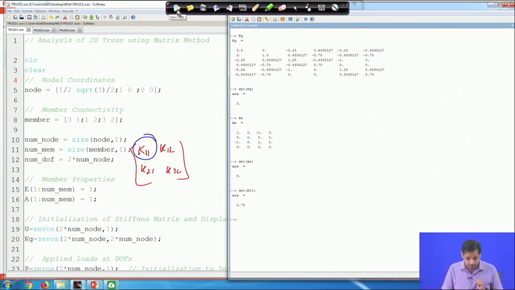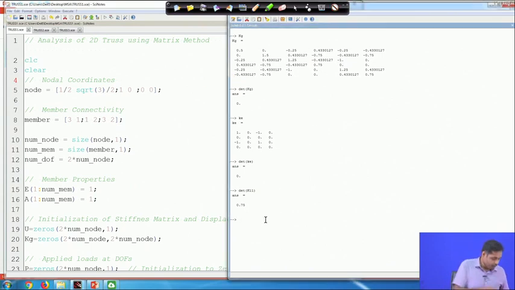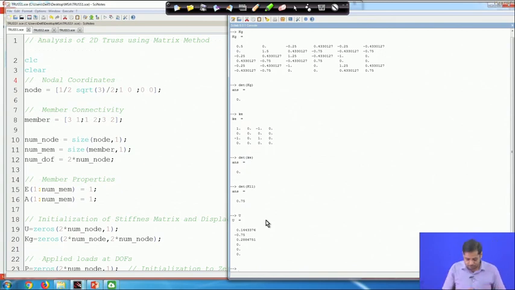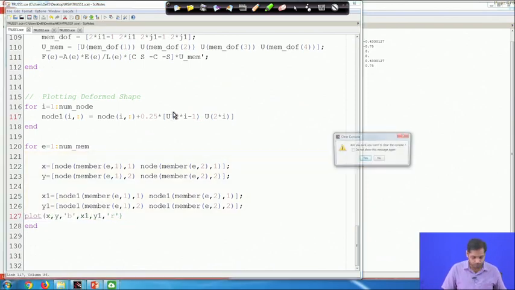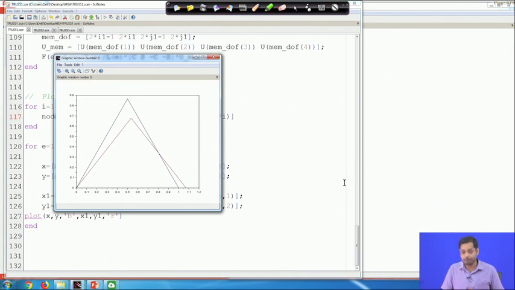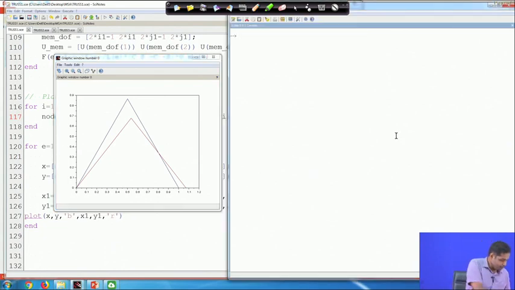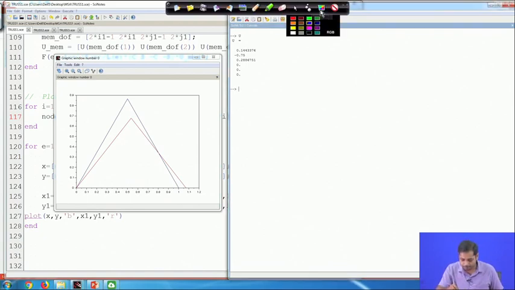Now let us find out the solution. If you substitute u, the total displacement is this. Let us plot the deformed shape of this; the deformed shape will be this. This was node number 1.